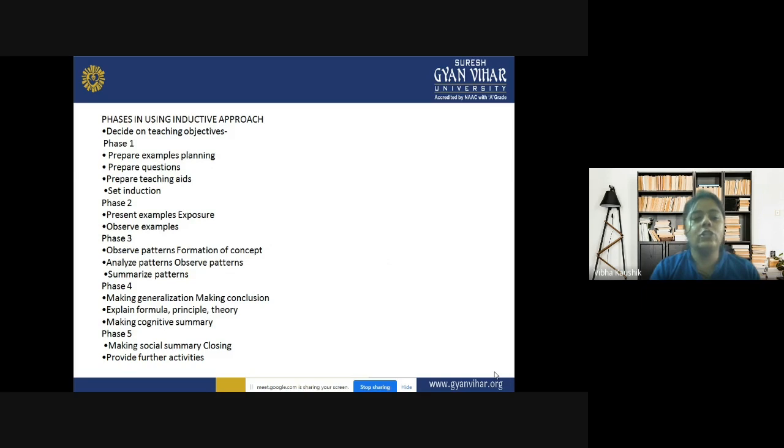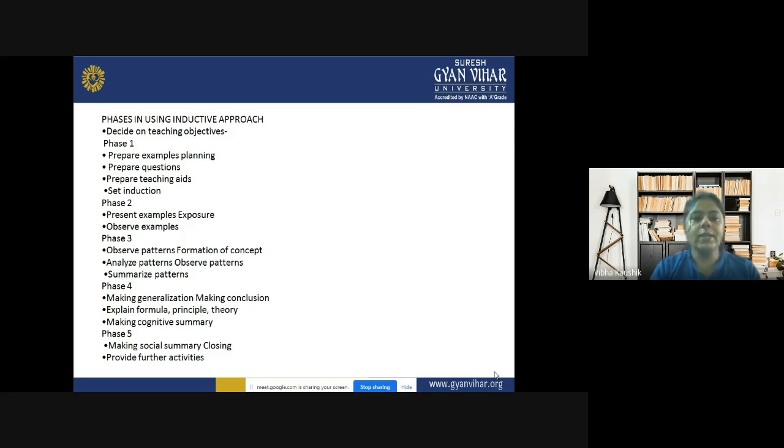Set induction. Phase 2: present examples, exposure, observe examples. Phase 3: observe pattern, formation of concept, analyze pattern, observe pattern, summarize pattern.